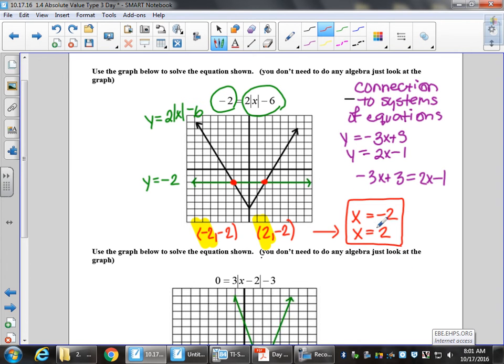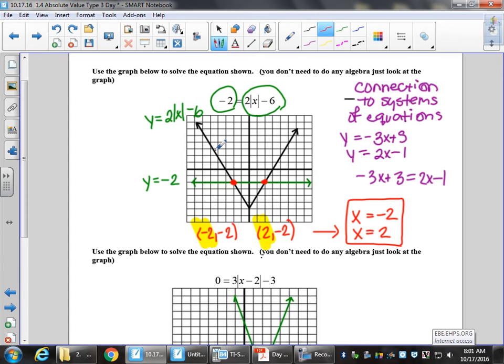Let's mentally do a check. Let x be -2. Watch the screen. If I put -2 in for x, what's the absolute value of -2? 2. Times 2, minus 6, is -2. Let x be +2. What's the absolute value of +2? 2. Times 2, minus 6, is -2.